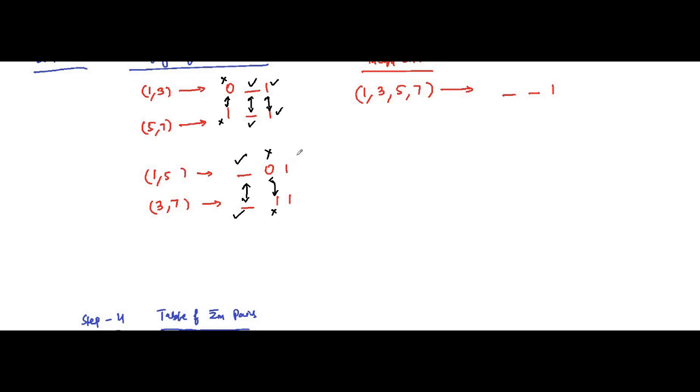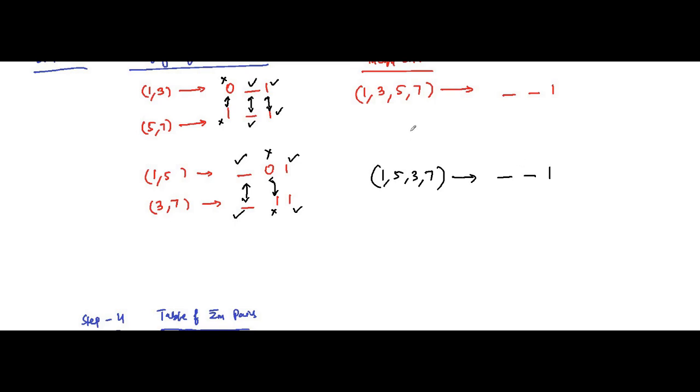In the LSB it is the same, 1, so it is differing in only 1 bit. So yes, this merging can be done. The 1 5 3 7 merged minterm pair can be formed, and its binary equivalent will be, keeping the identical bits as they are, dash, the differing bit replaced with another dash blank space, and 1 kept as 1. Okay, the tick marks are kept as they are, the cross marks where it is differing we're replacing with a blank space, just like we did with the formation of minterm pairs.